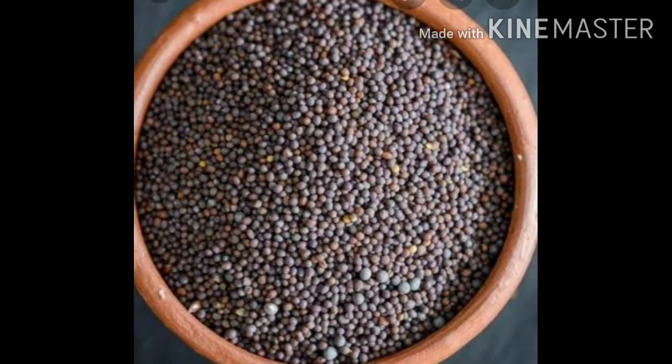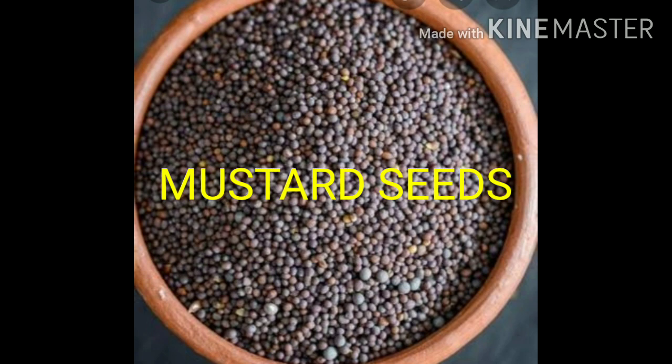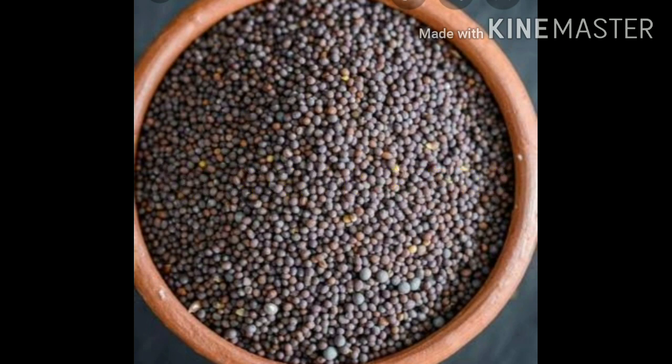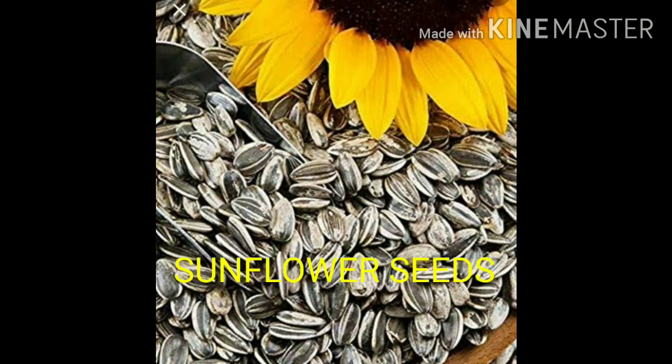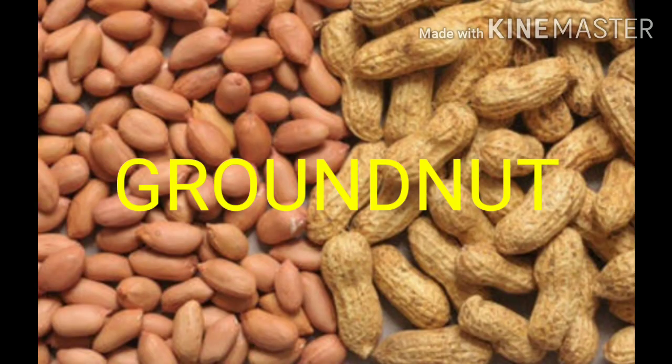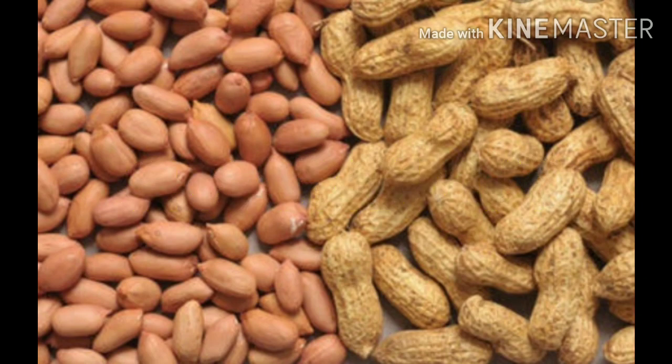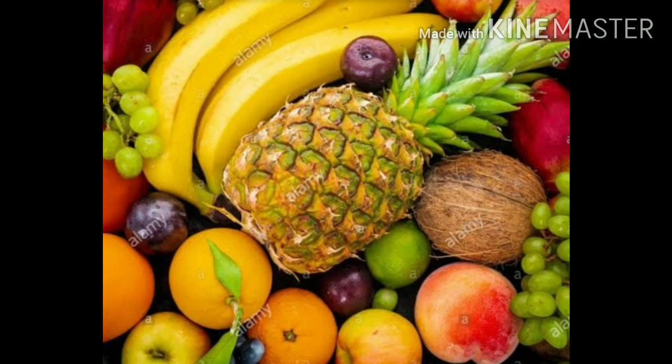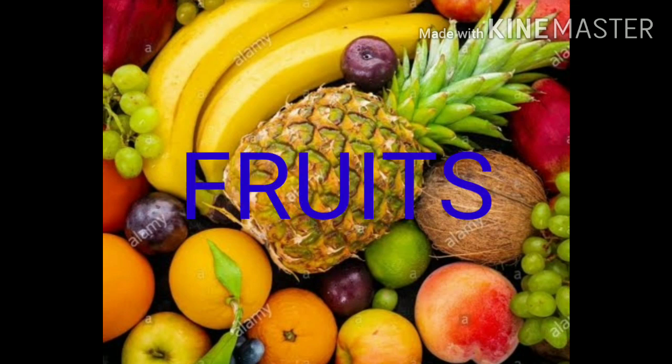We get oil seeds from some of the plants like mustard, sunflower, sesame, and groundnut. Next, we get a variety of fruits such as apples, mangoes, grapes, bananas.